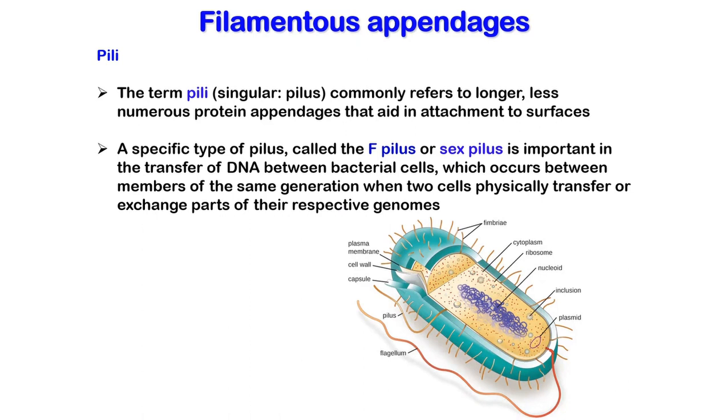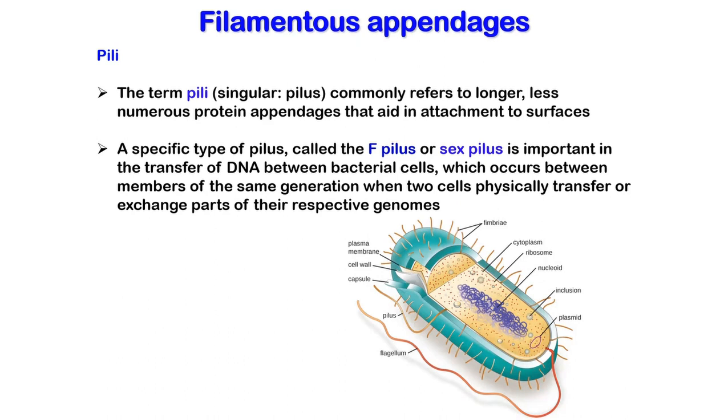So another structure which is useful for attachment are the pili. And these are involved in attaching bacteria to surfaces, but these are longer than the fimbriae and present in fewer numbers. And there's also a specific type of pilus, or pili, which is involved in the transfer of DNA between bacterial cells.